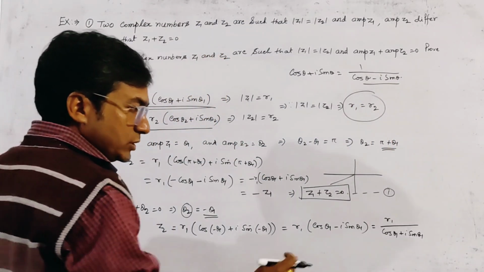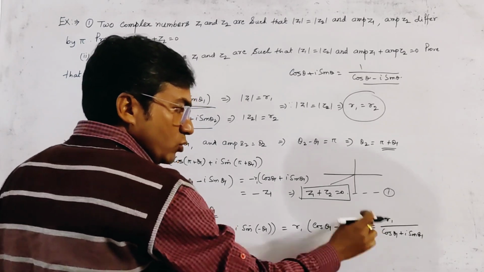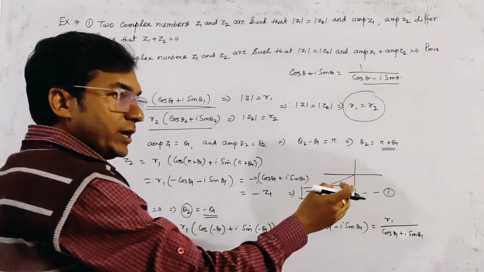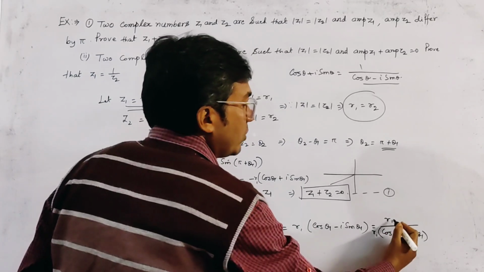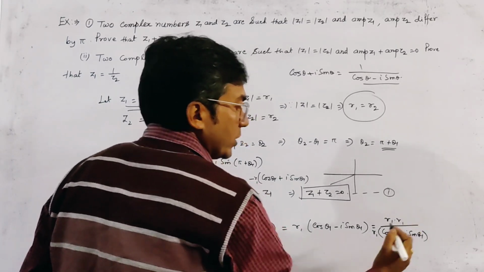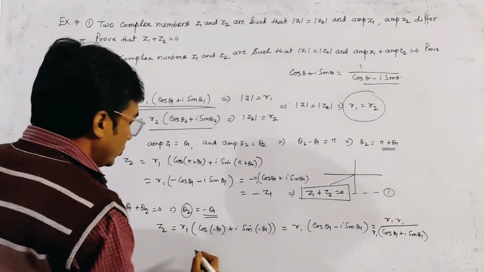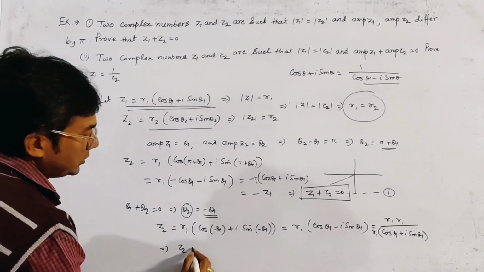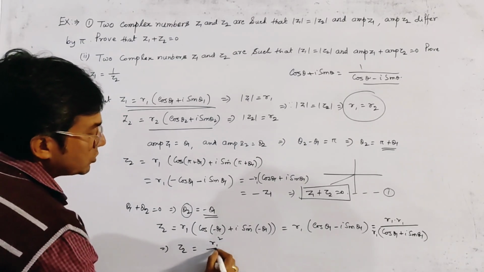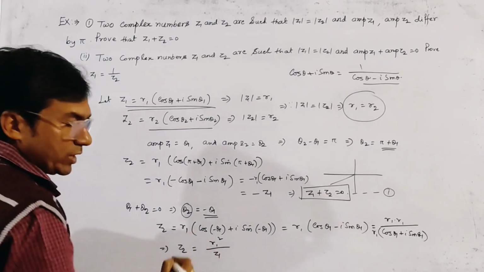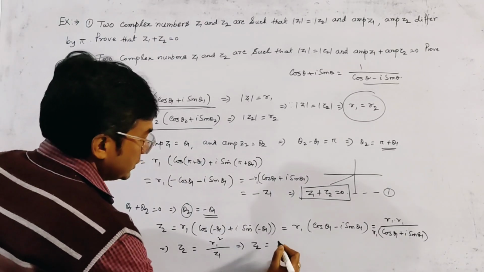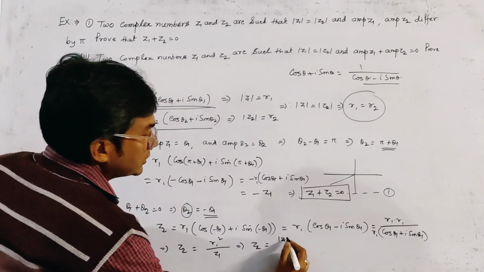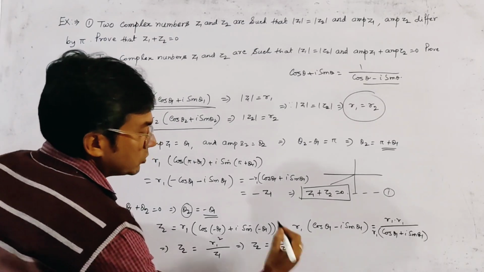And to get Z1 here, we multiply numerator and denominator by R1. So we get R1 into R1 in the numerator, and now we get the result as Z2 equal to R1 square by Z1. This is given by Z2 equal to mod Z1 square by Z1.